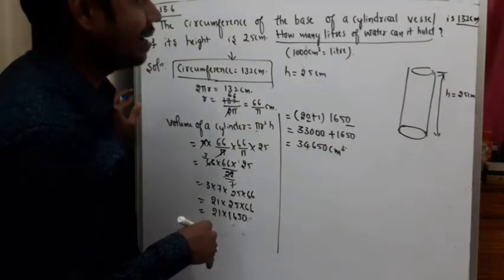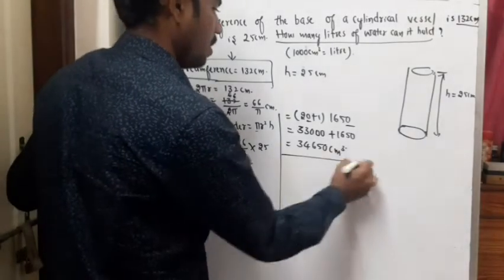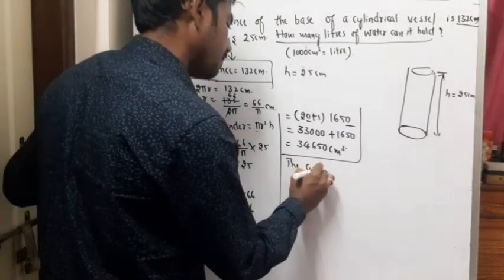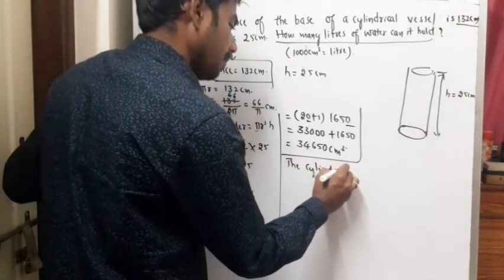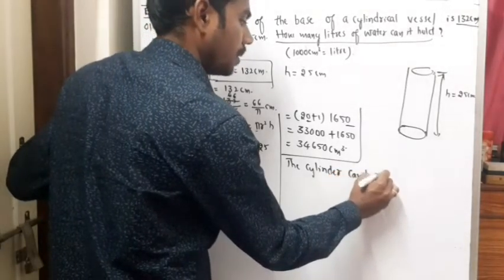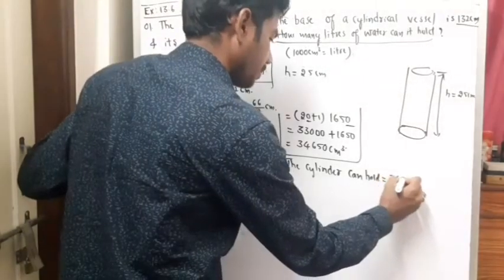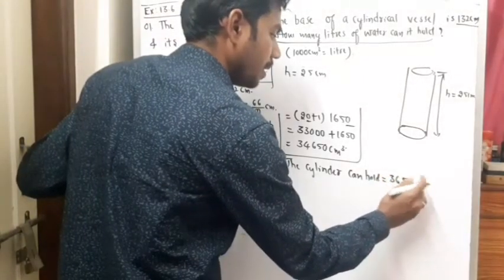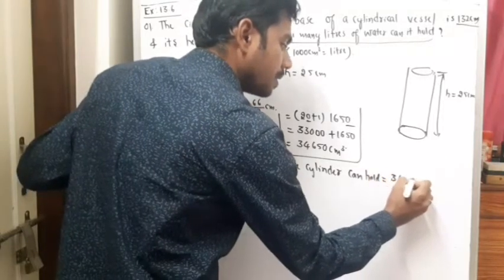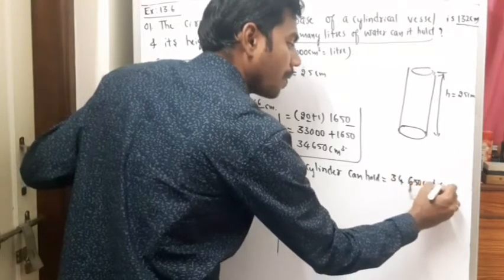If I want the capacity of water in liters, the cylinder can hold 34,650 centimeter cubes of water.